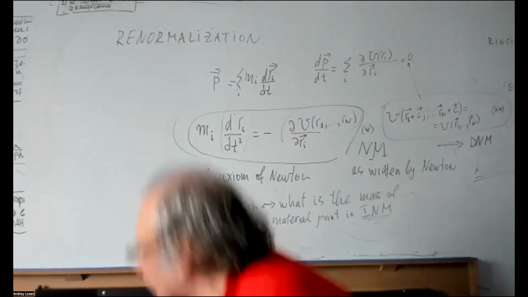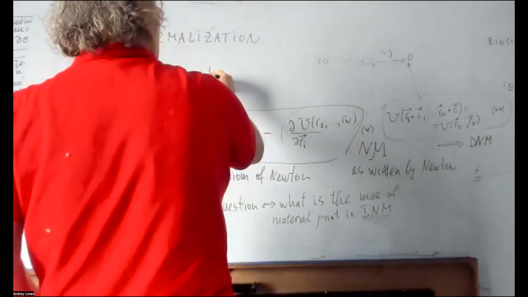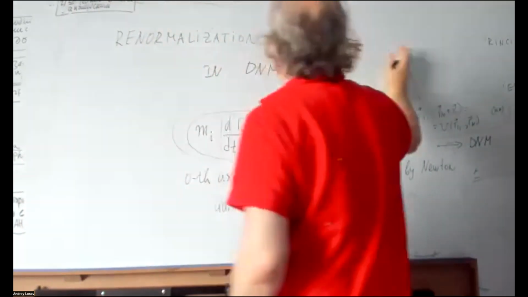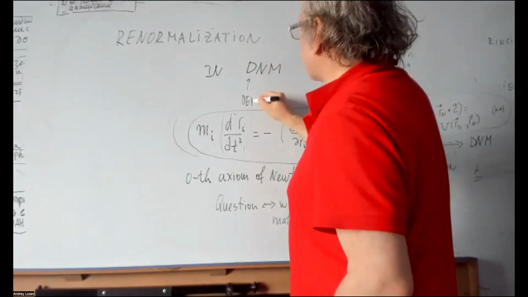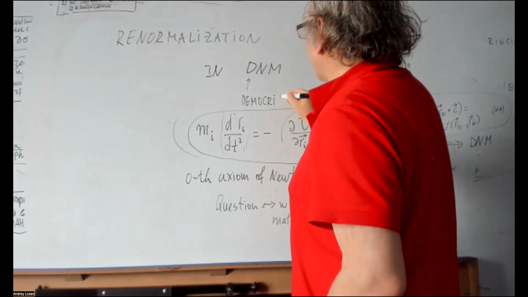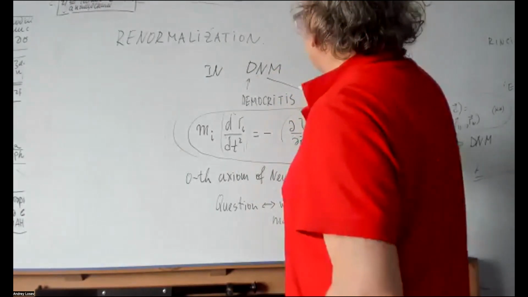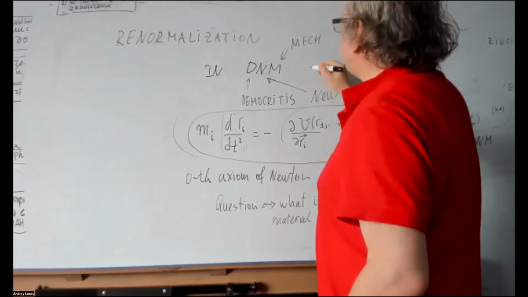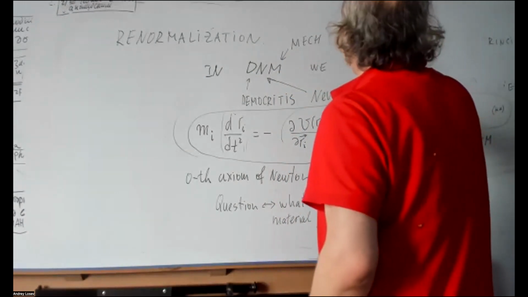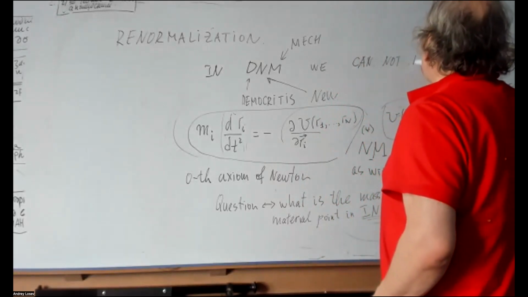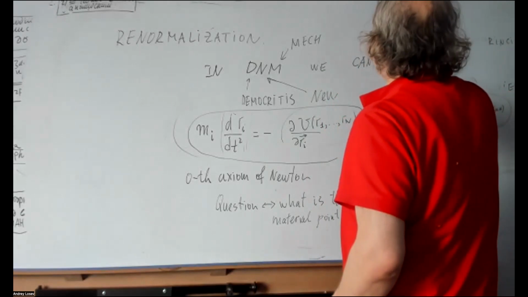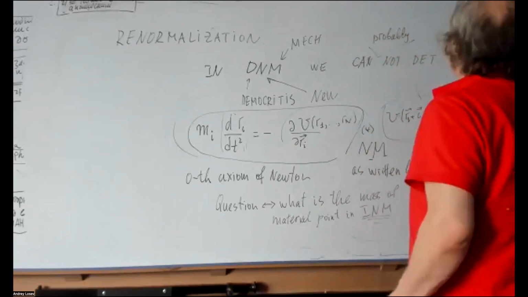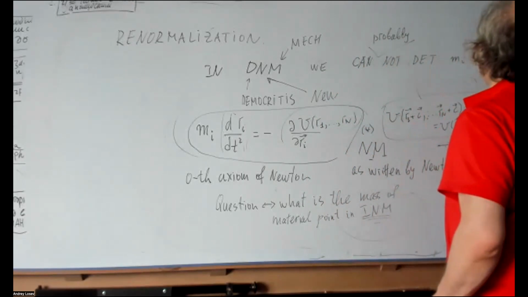And the answer is that in Democritus Newtonian mechanics, in DNM, we cannot determine M_i from experiment.